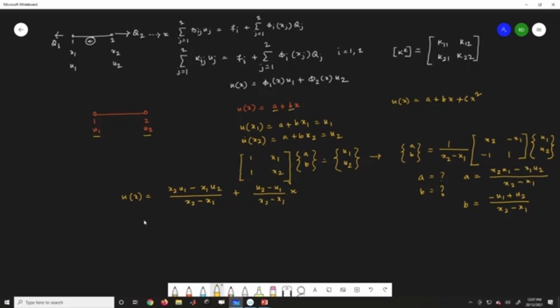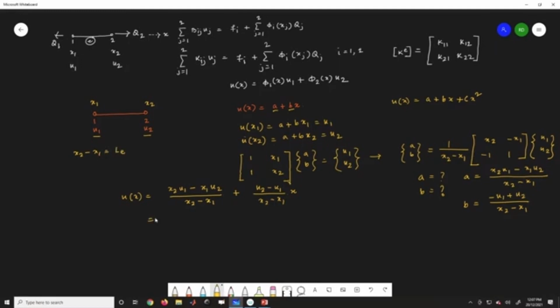Now if I rewrite this equation a little bit, and if you look carefully, this is my x1 and this is my x2. So x2 minus x1 is the length of this element, so I can substitute x2 minus x1 as LE, the length of the element.